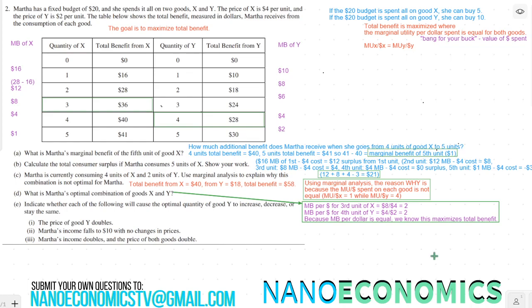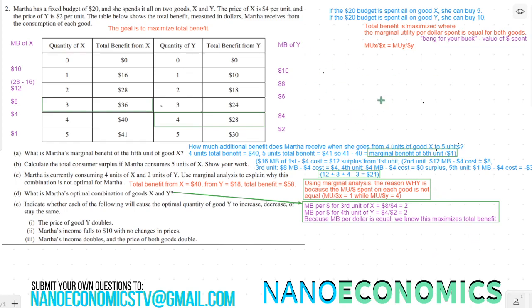Really, we kind of have gone out of order, but with a lot of these free response questions, the key is in understanding the full concept thoroughly. And so the most valuable bit of information from this is the optimal combination. But it's also asked us a couple of other things.